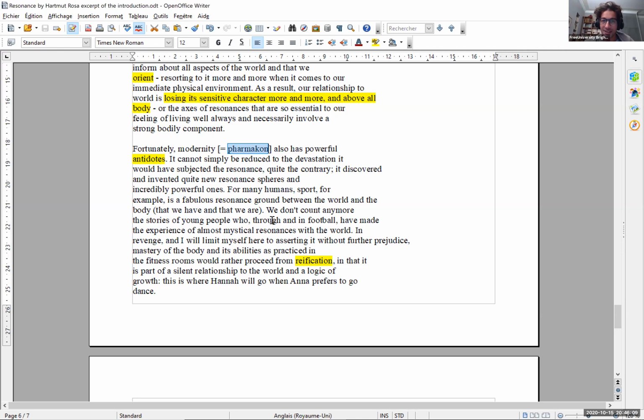And here he's saying that modernity, even though it is something that is more going against resonance than favoring it, still created a lot of ways in which we can experience resonance.